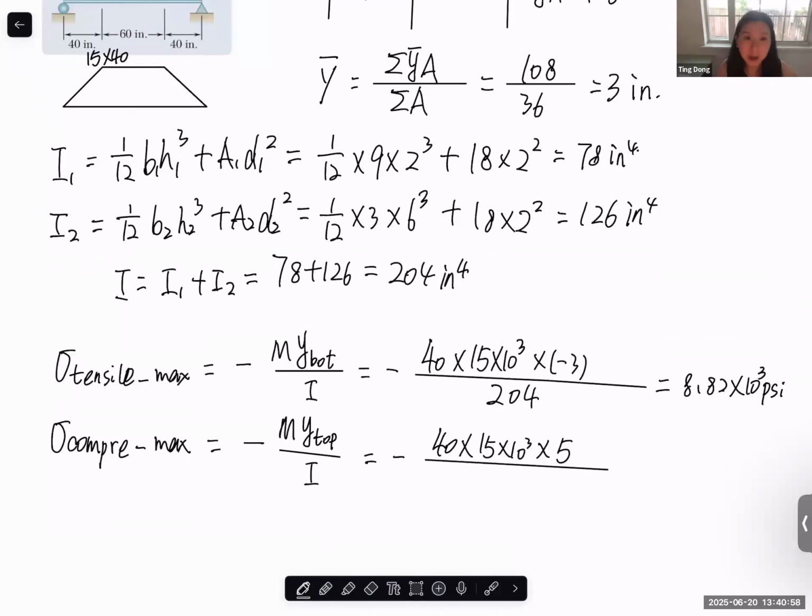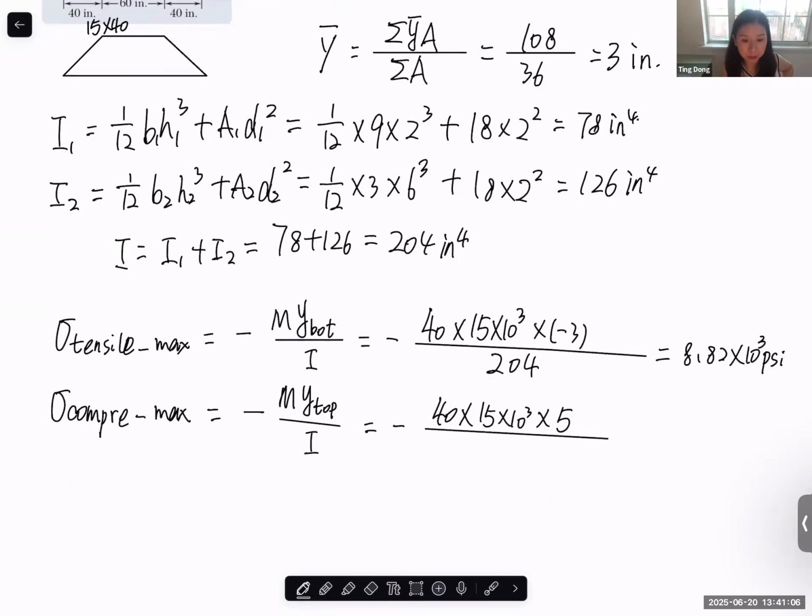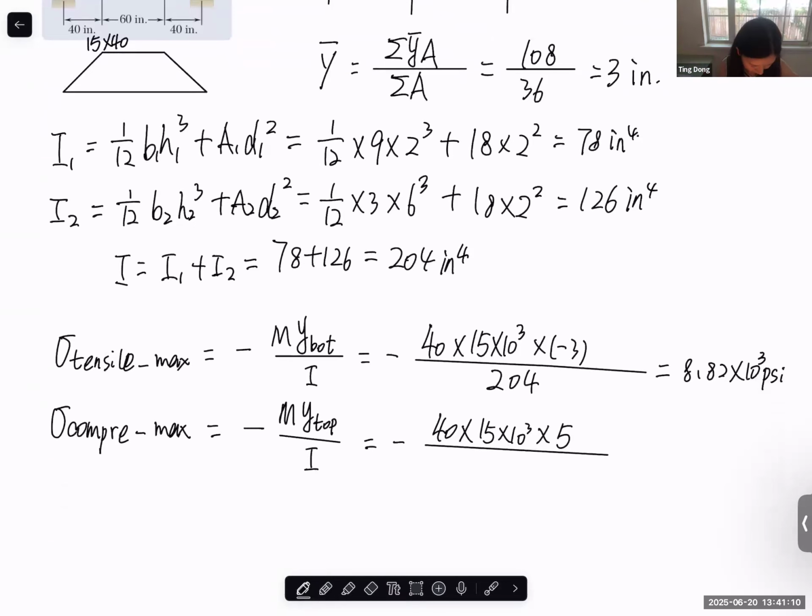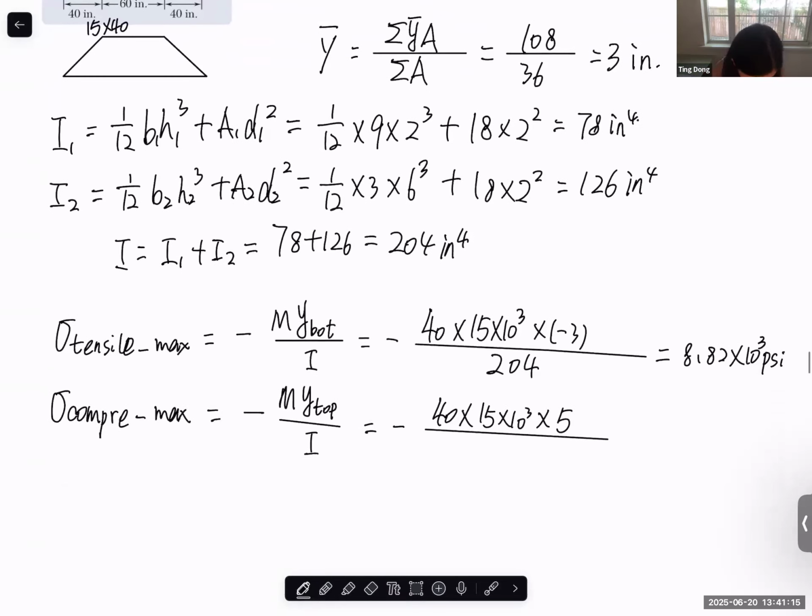I wanted to write 60 times 10 to the 5th, but somehow I mixed everything. So it should be 40 force times 15. So now this is negative.